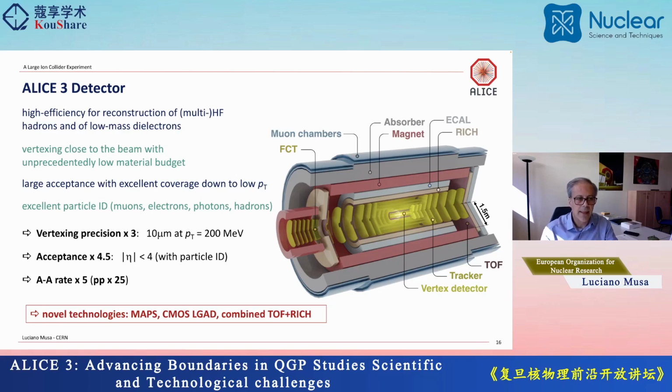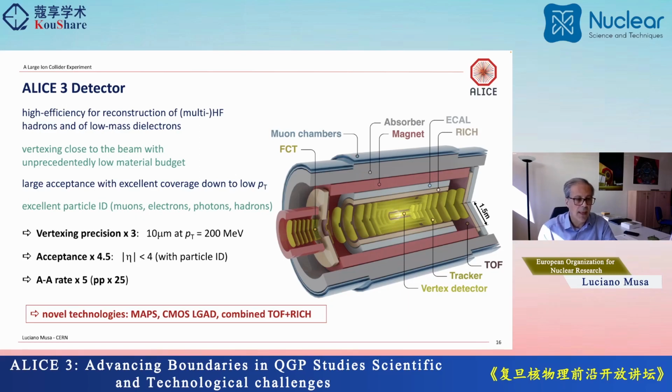So with the vertex detector very close to the beam, and with unprecedentedly low material budget, we have to have a very robust particle identification for muons, electrons, photons, and hadrons over the full detector acceptance. And we will be operating throughout these two runs, run 3 and run 4.